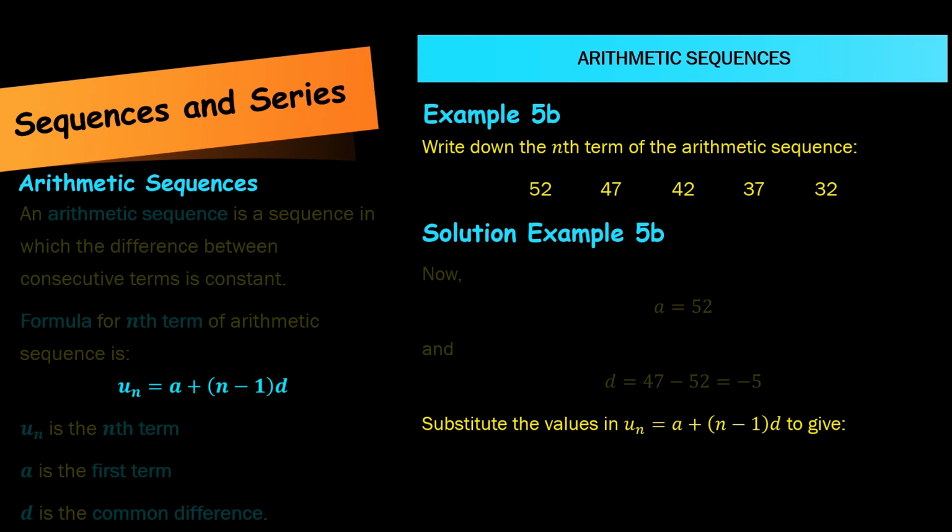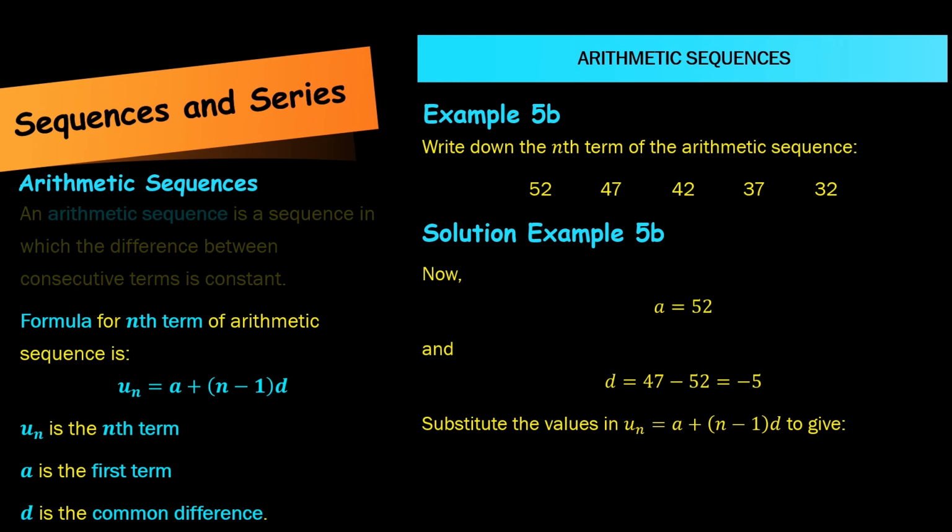So plugging in the values of a and d gives us that u subscript n is equal to 52 plus n minus 1 times minus 5. Rearranging this equation and tidying up gives us that the nth term is 57 minus 5n.